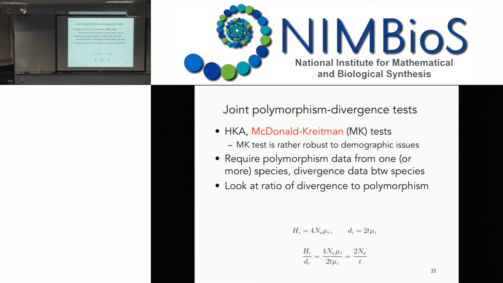And this approach is the Hudson-Kreitman-Aguadé HKA or McDonald-Kreitman MK test. The nice thing is McDonald-Kreitman, as we'll talk about, in some respects is rather robust to demography. In other respects, it's not. We'll talk about that in detail. This requires polymorphism data for one or both species and divergence data between species.